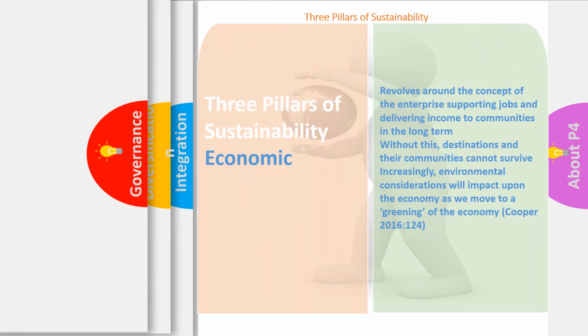If we look at it from an economic perspective, this revolves around the concept of enterprise supporting jobs and delivering income to communities in the long term. Without this, destinations and communities cannot survive. Increasingly, environmental considerations will impact upon the economy as we move to a greening of the economy.